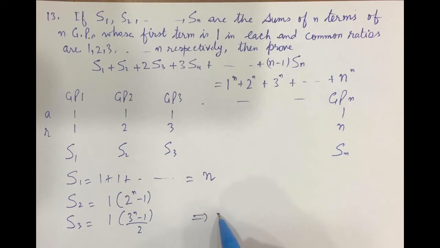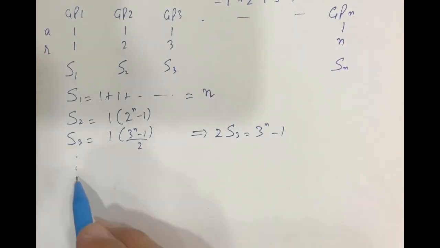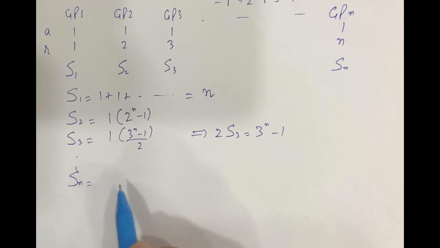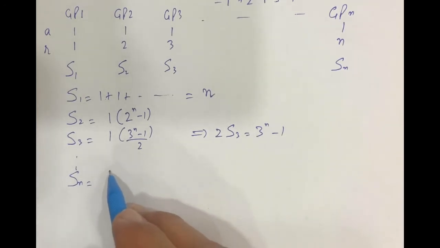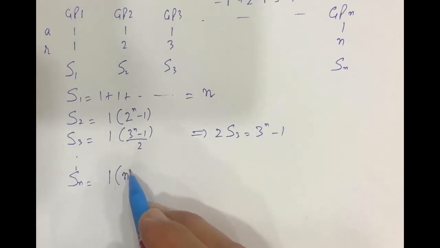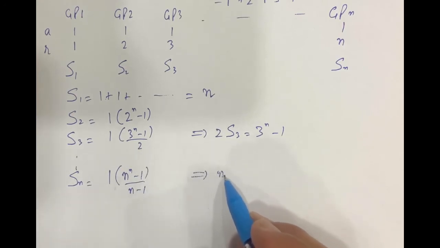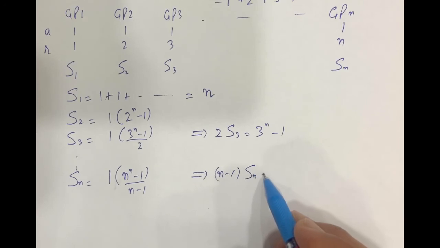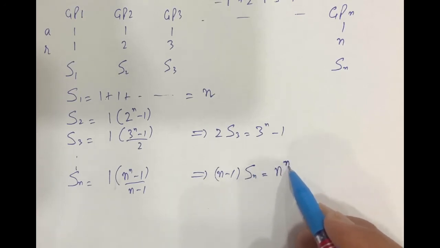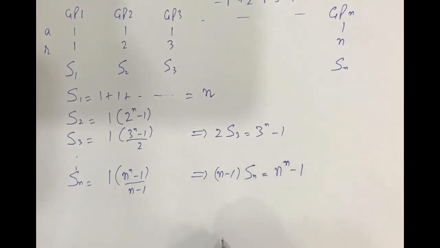So from this we can write 2 times S3 as 3 raised to n minus 1, and so on. We can find out sum of n terms of the last GP. This is 1 into (n raised to n minus 1) upon (n minus 1), and this gives us (n minus 1) into Sn as n raised to n minus 1.